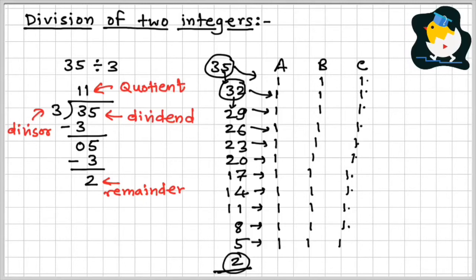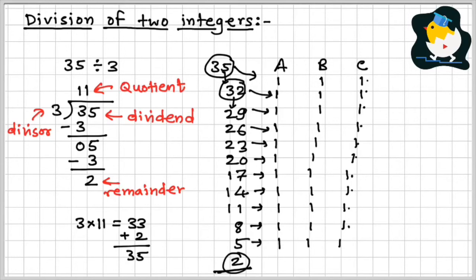So here if you multiply 3 by 11, we will have 33. And if we add the remaining 2 here, we have 35, so we get the dividend. This is the very famous formula which everyone should remember: dividend is equal to quotient multiplied by divisor, plus remainder.